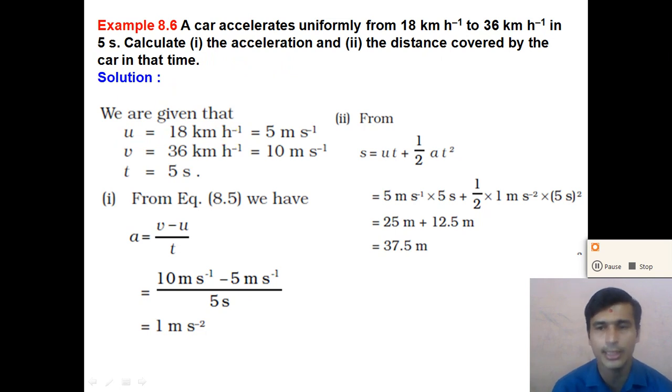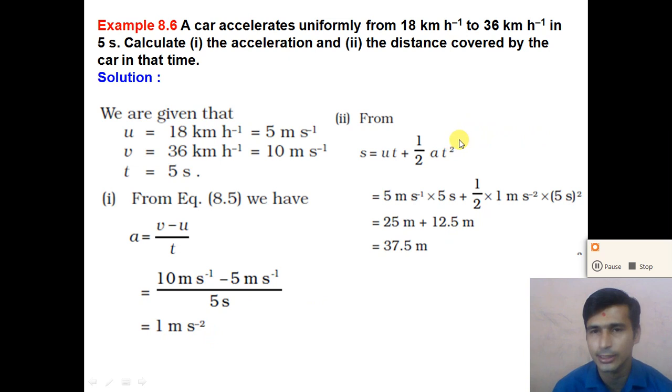Convert this 18 km per hour into meter per second, right? So 18 multiplied by 5 divided by 18, 18 cut, we get 5 meter per second. V is equal to 36 km per hour. Similarly, we get V as 10 meter per second, and by the formula of the acceleration a is equal to v minus u divided by t, we get the acceleration 1 meter per second square.